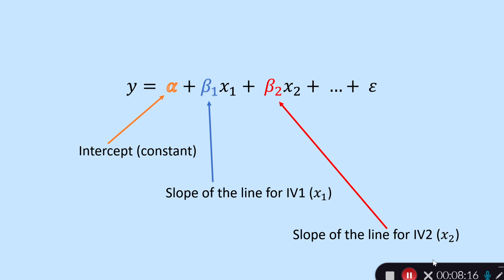But each independent variable has its own coefficient or slope relative to the dependent variable. And you can see these highlighted. So in blue there, you've got beta 1, that's the slope of the line for the independent variable 1, x1. And highlighted in red there, the slope of the line for the independent variable 2.